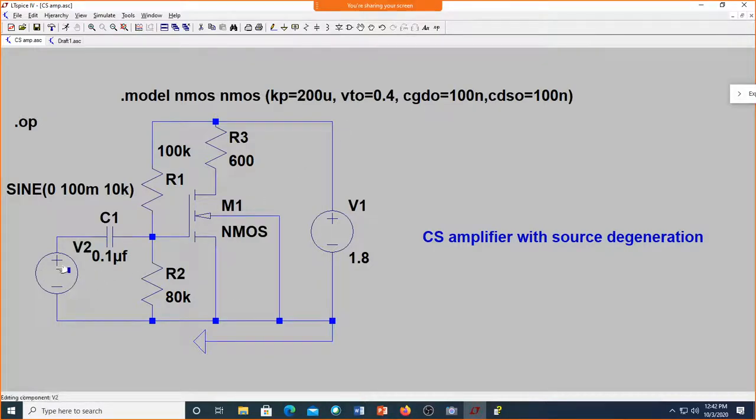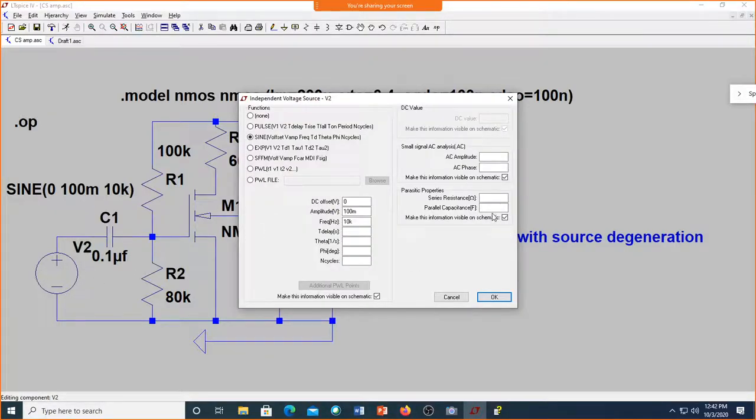Okay, let me also introduce a source with some source resistance. Would you like to have less or more series resistance? Let me make it something like 10K. What is the ideal value of series resistance for a voltage source?